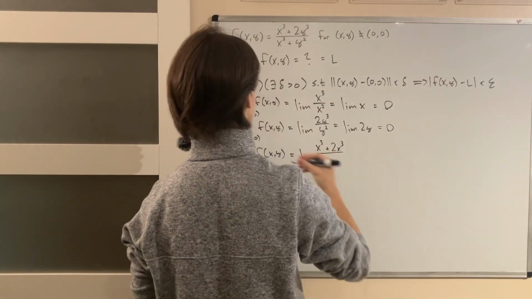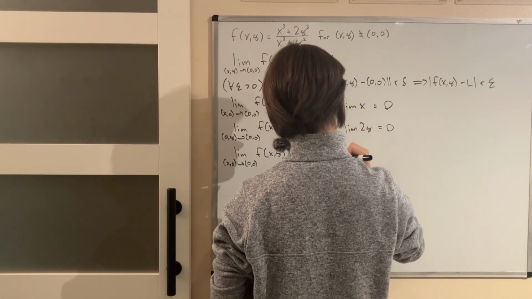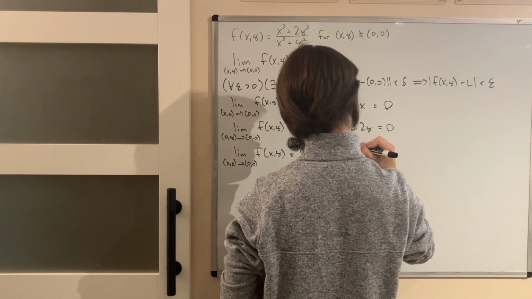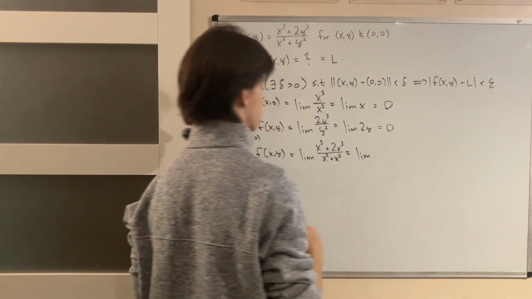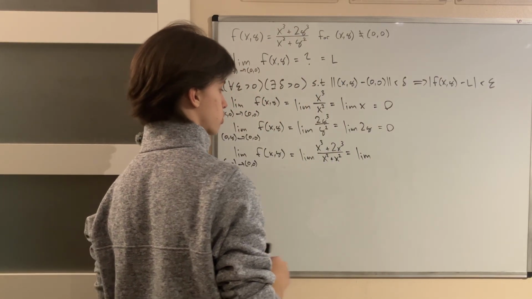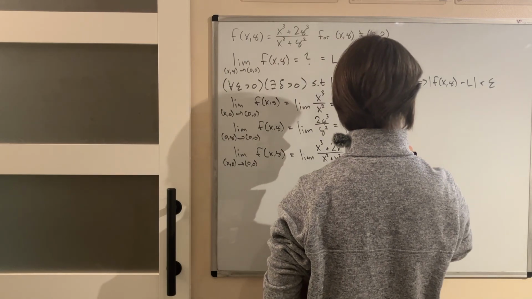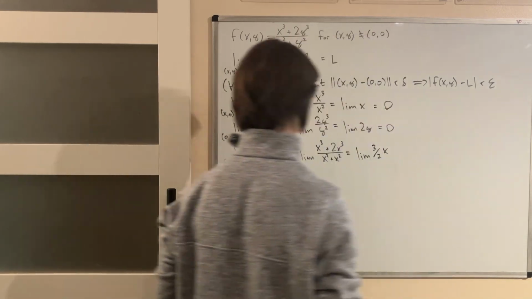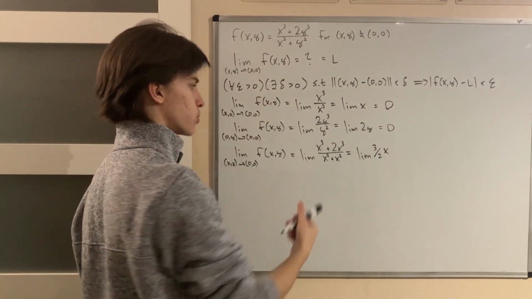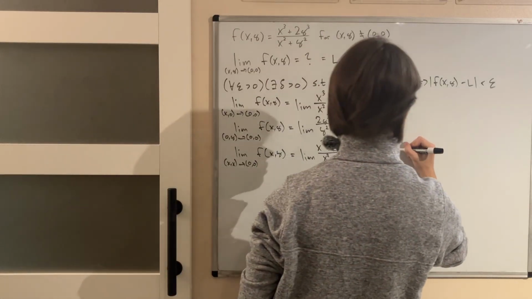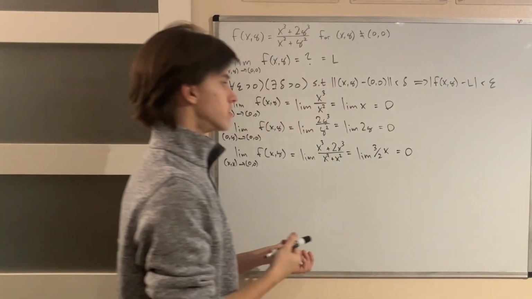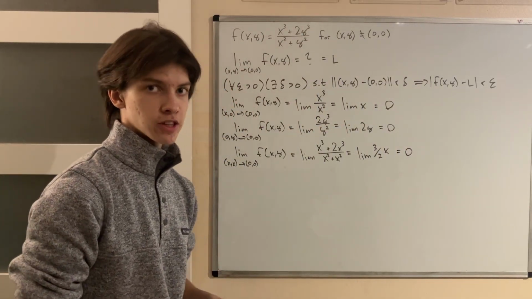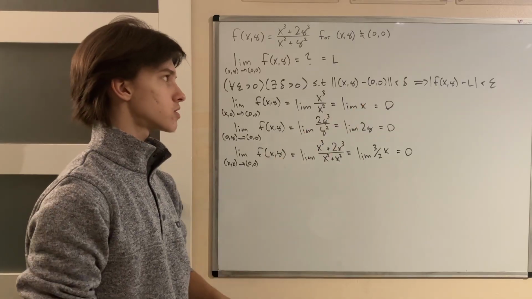And here we have x squared plus x squared. So this just becomes the limit of, looks like, 3x cubed over 2x squared. So 3 halves x, yeah? And as x approaches 0, 3 halves x is also 0. Okay, so we've taken the limits from 3 different directions now, and we see that they're all equal to 0.